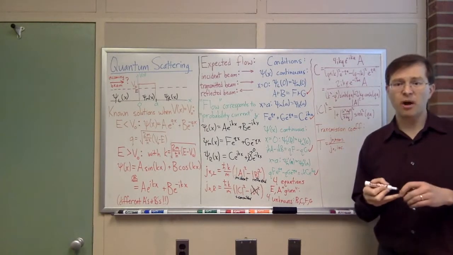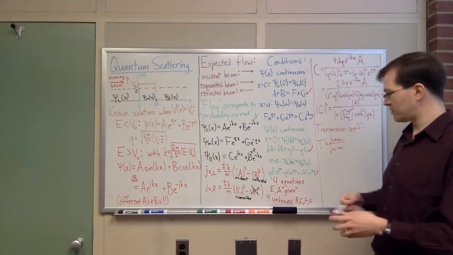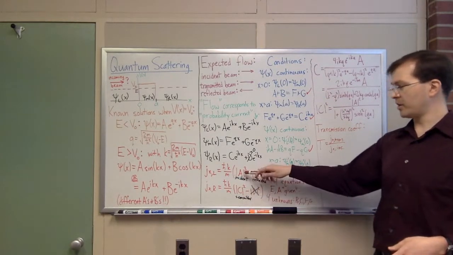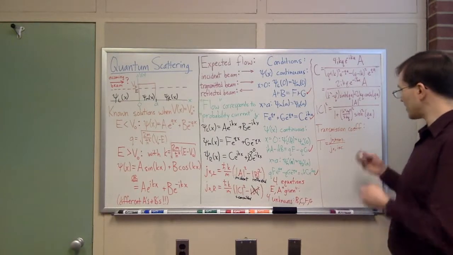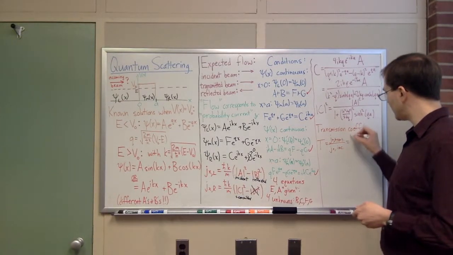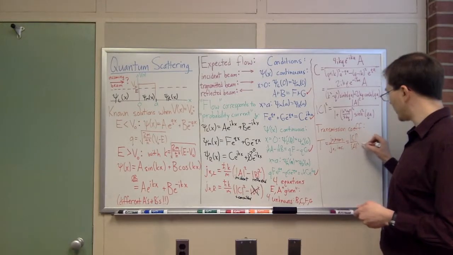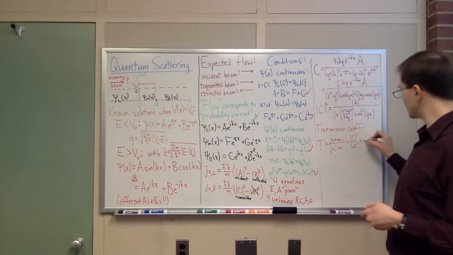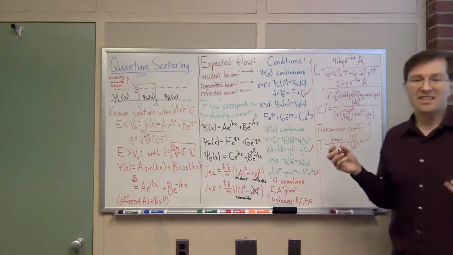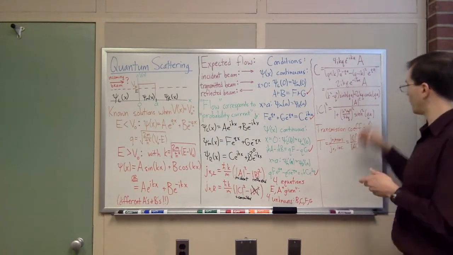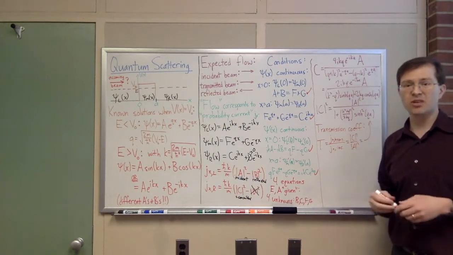So this is the probability current. The probability current for the transmitted beam is this. The probability current for the incident beam is this. In our case, this ends up being the absolute square of C over the absolute square of A, which is just this thing with the A taken out of the numerator. It's just 1 over this thing that is my transmission coefficient.